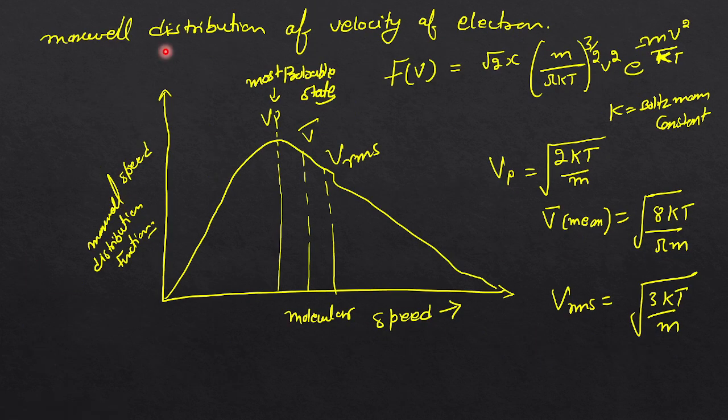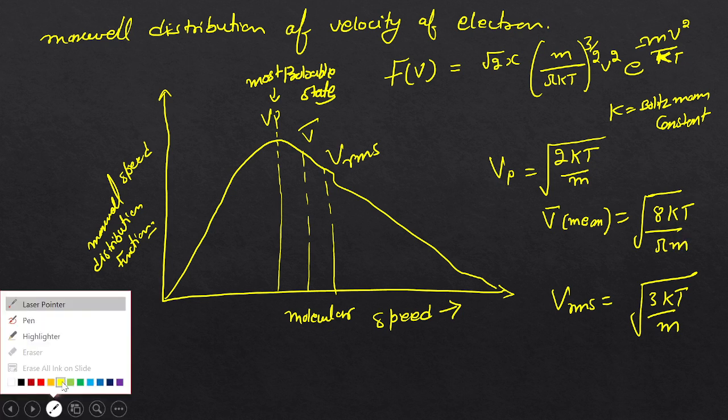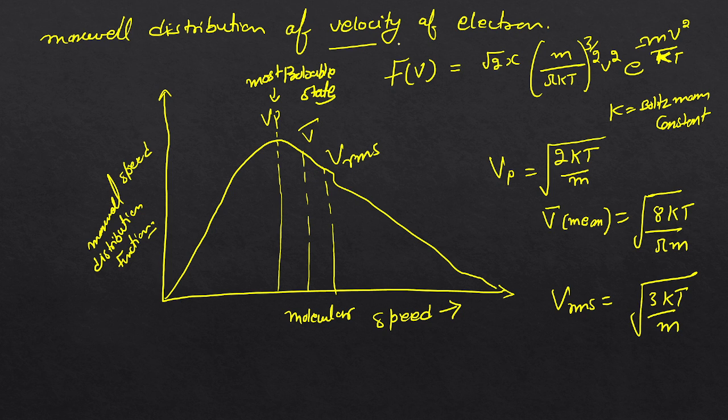So this is the Maxwell distribution of the velocity of the electron. You have already studied this, that this is the most probable state, and these are the formulas. Vp is equal to under root 2kT over m. This is the mean velocity. Let me tell you something about the Maxwell distribution of velocity. Not only for electrons, for any gas particles, the Maxwell distribution of velocity is used for gaseous particles. Here we are copying this concept, and we are saying that electrons are also in huge numbers. So electrons will also move with different velocities when they approach the magnetic field.